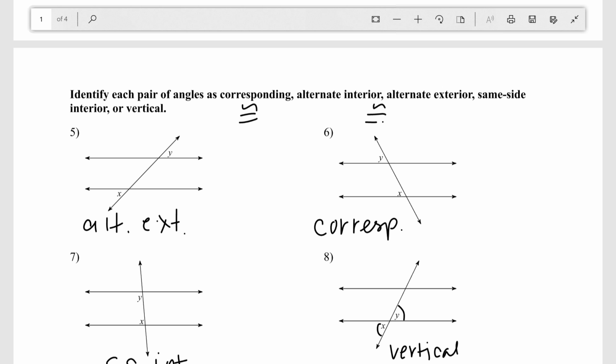The last one that has congruent angle measures is your vertical angles. And lastly, the only one that is different is your same side interiors or exteriors, which will be supplementary. And remember, what it means to be supplementary is that if you added those two angles together, they will equal 180 degrees.